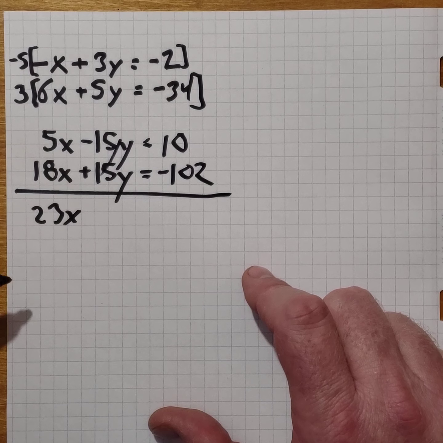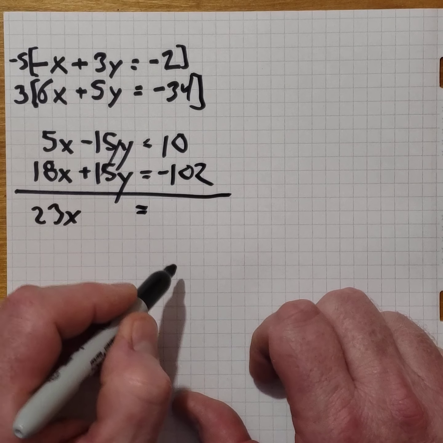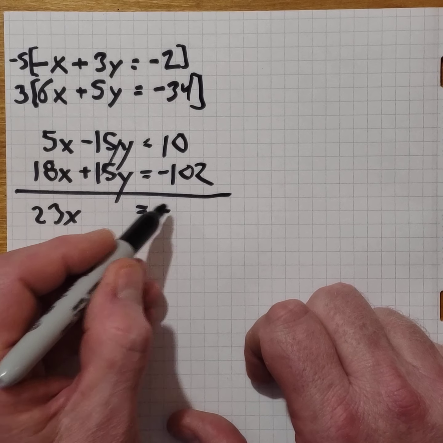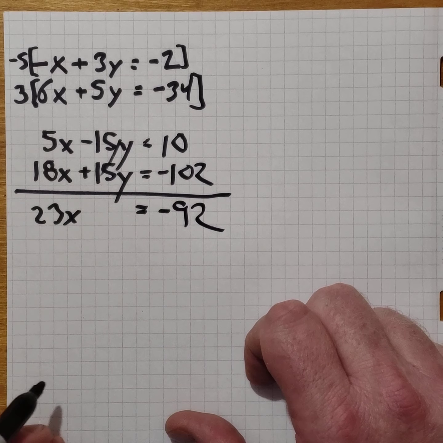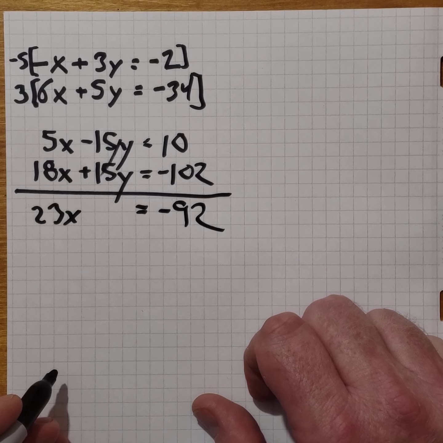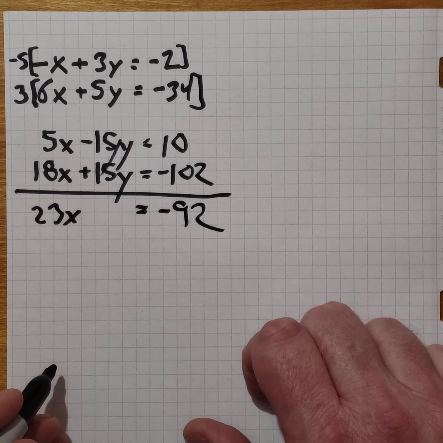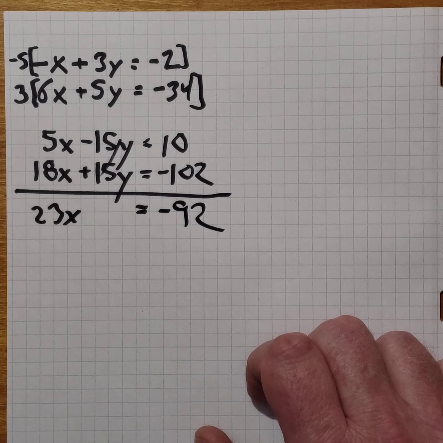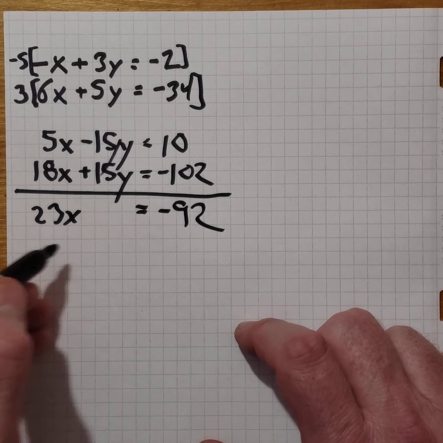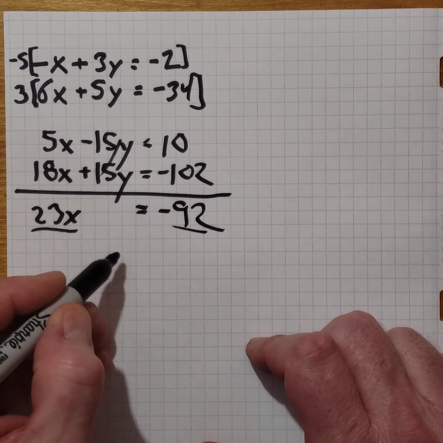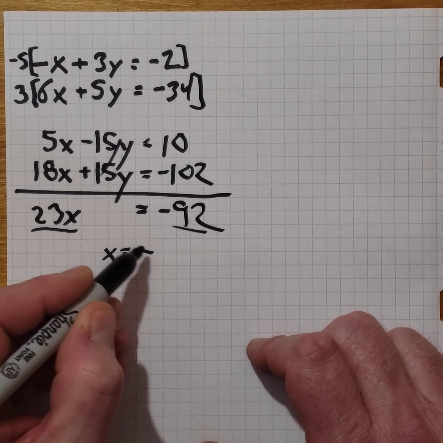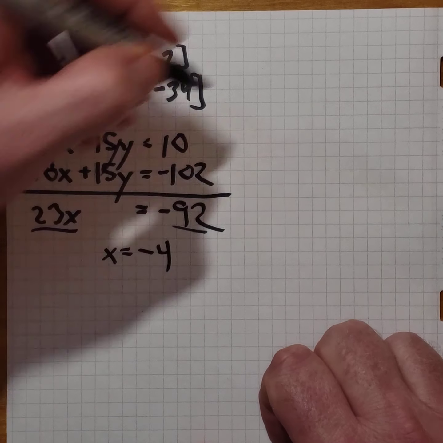The 15y's will cancel. And we'll get 10 minus 102, which is negative 92. And I'm really hoping that 92 is divisible by 23. I'm doing that on the calculator just to be safe. 92 divided by 23 better be 4, and it is 4. Okay, so if we divide both sides by 23 there, we'll get x is equal to negative 4.